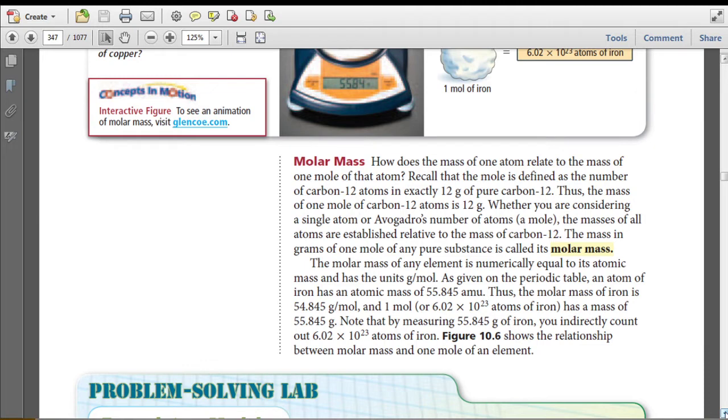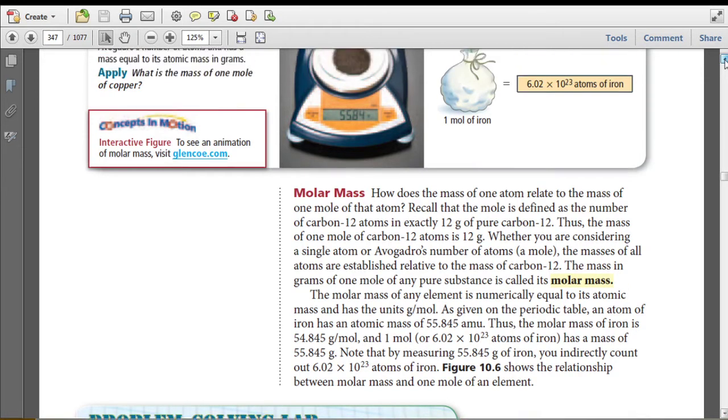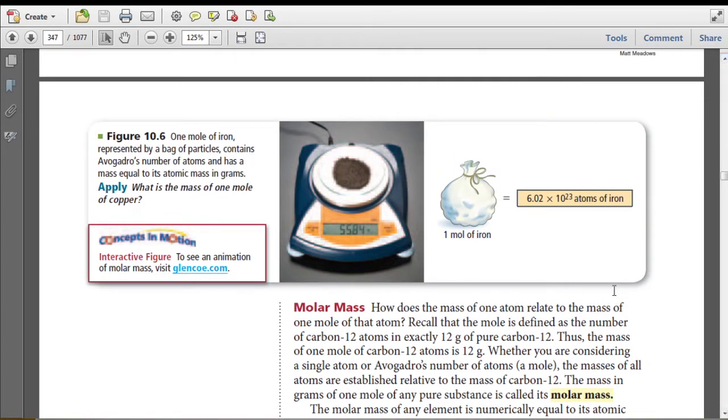Note, by measuring 55.845 grams of iron, you indirectly count out 6.02 times 10 to the 23rd atoms of iron. And if you look at the figure 10.16, this will show you the relationship between iron and the number of atoms.